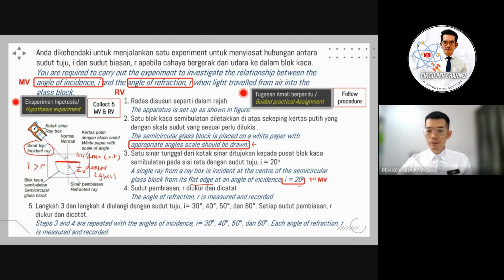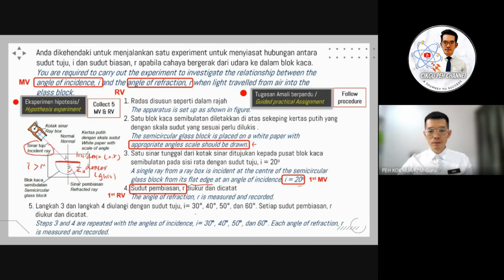Secondly, you can see this is the first manipulated variable given by the question. As I mentioned just now, you must follow the procedure, so you cannot use other readings besides the readings given by the question. Your first responding variable will be measured, which is the refracted angle here.